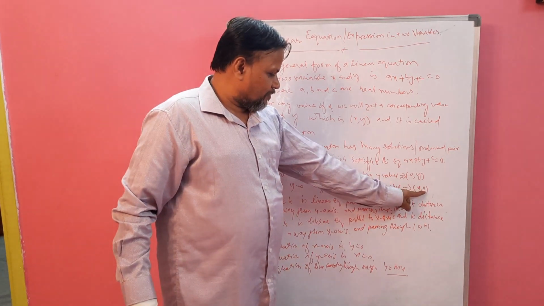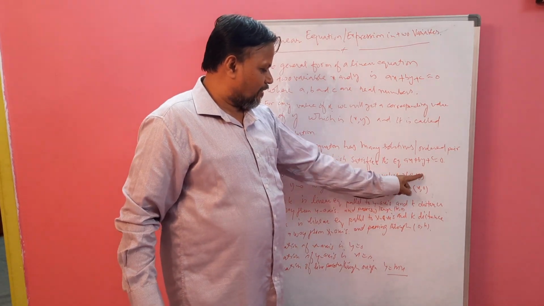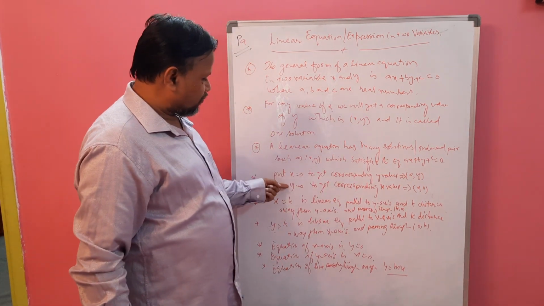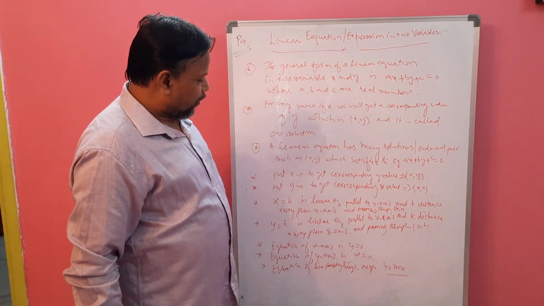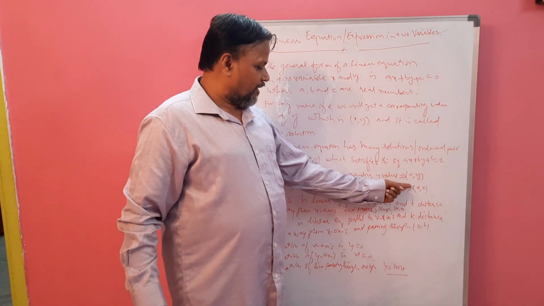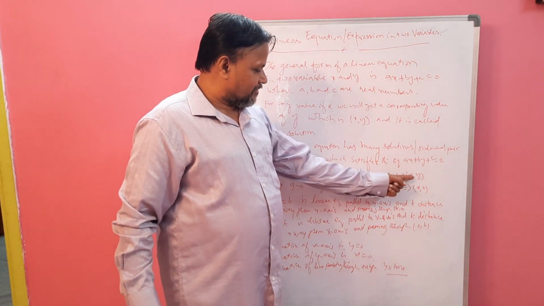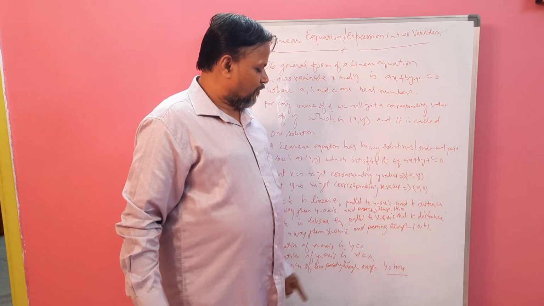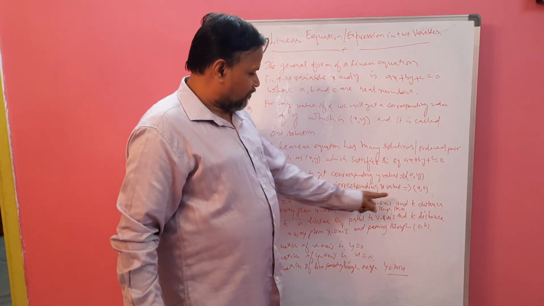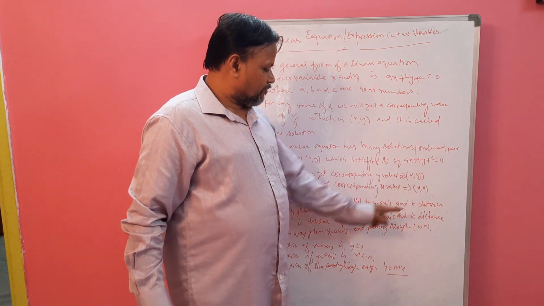So in short we get two different points: putting x equal to 0 gives a solution in terms of y, and putting y equal to 0 gives a solution in terms of x and 0.